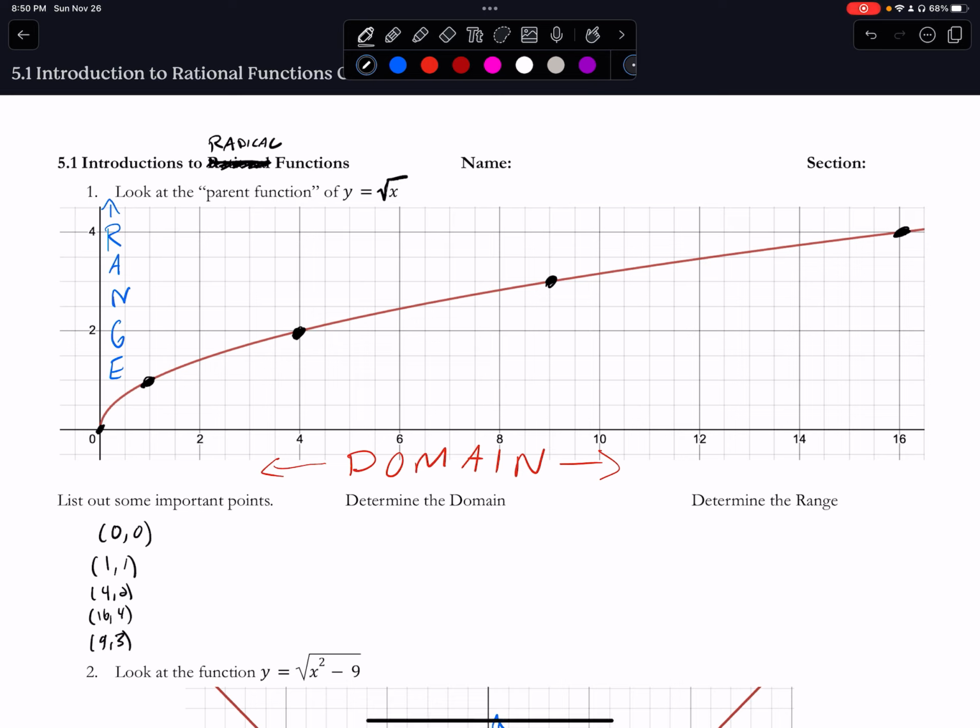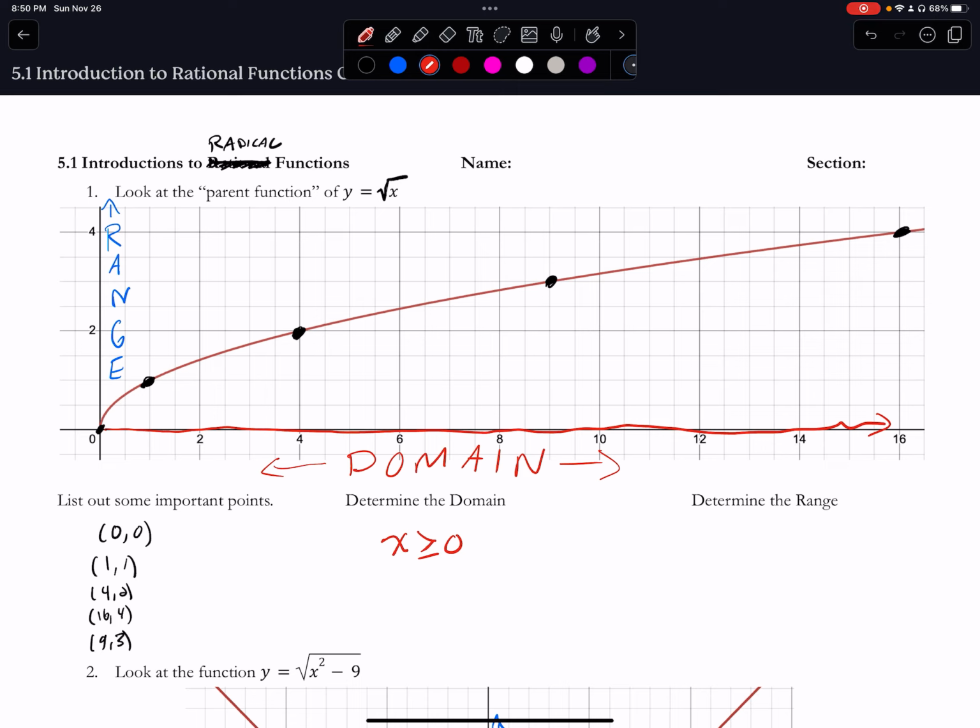So as you can see, the domain is all the x values here. So you see it starts at 0 and then just goes on forever in that direction. So you'd say the domain is x is greater than or equal to 0. That means all positive numbers.